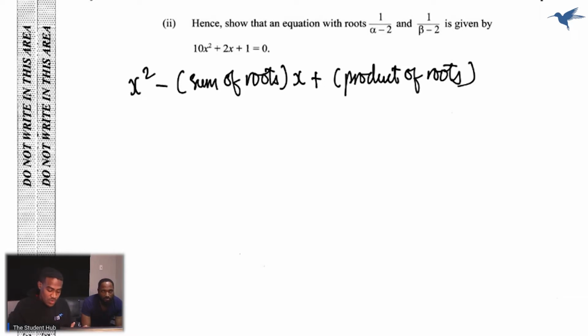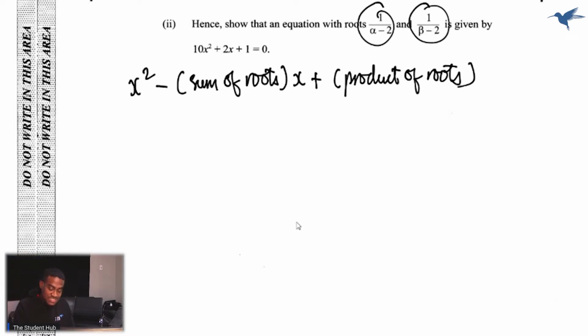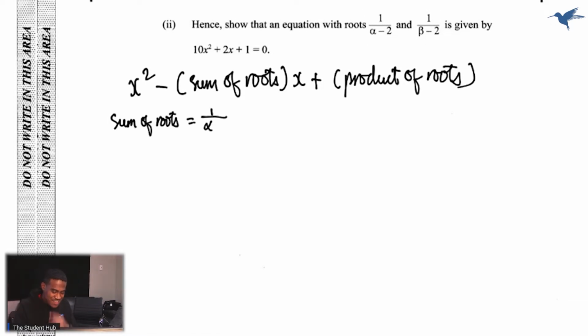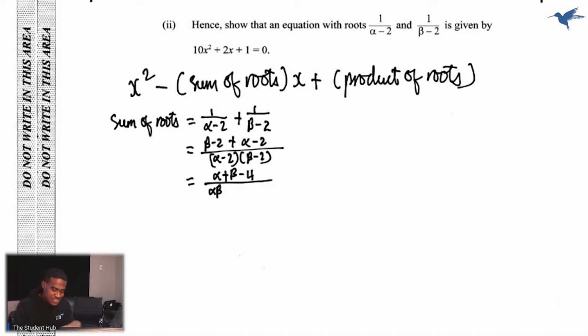Then all we're doing is, they told us that the roots are this and this. So it's just a matter of taking the roots and finding the sum of this and then finding the product of it. So that's what we're going to do next. We're looking at the sum of the roots first, and this is how I like to break it down really quickly.